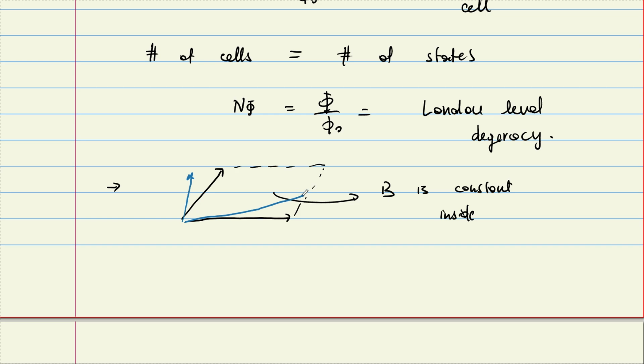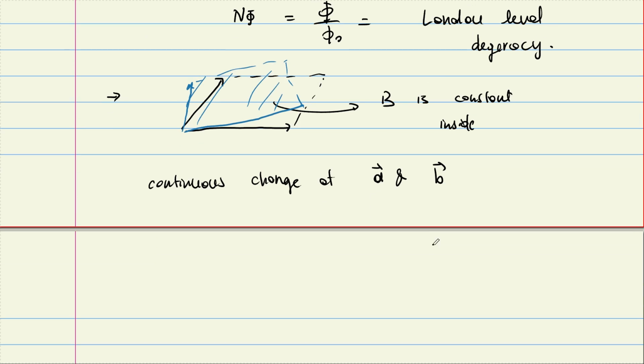It doesn't matter as long as the area is conserved, so nothing changes. And A and B are primitive lattice vectors of the real space. A continuous change of A and B will result in a continuous change in the Brillouin zone.